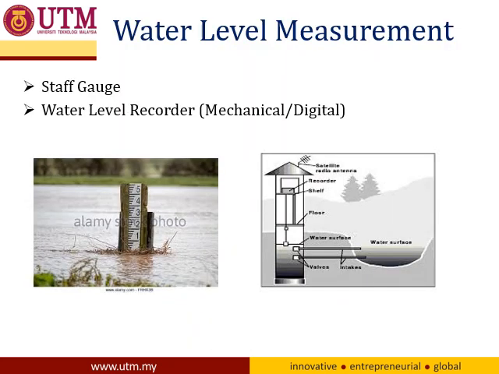There are many ways of measuring the water level. For example, the staff gauge, which of course has to be recorded manually by a person. There are also automatic water level recorders, mechanical and digital. You may read more about this in other notes or the Department of Irrigation and Drainage manual, just to show that continuous water level data is recorded.